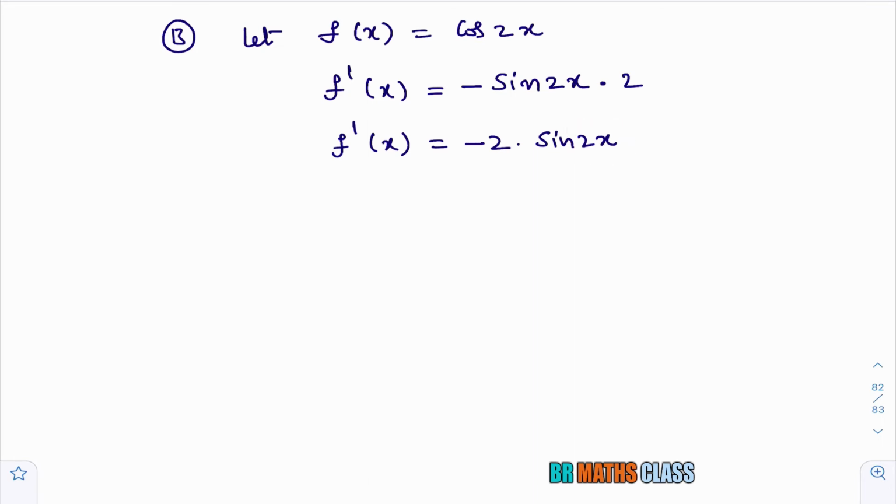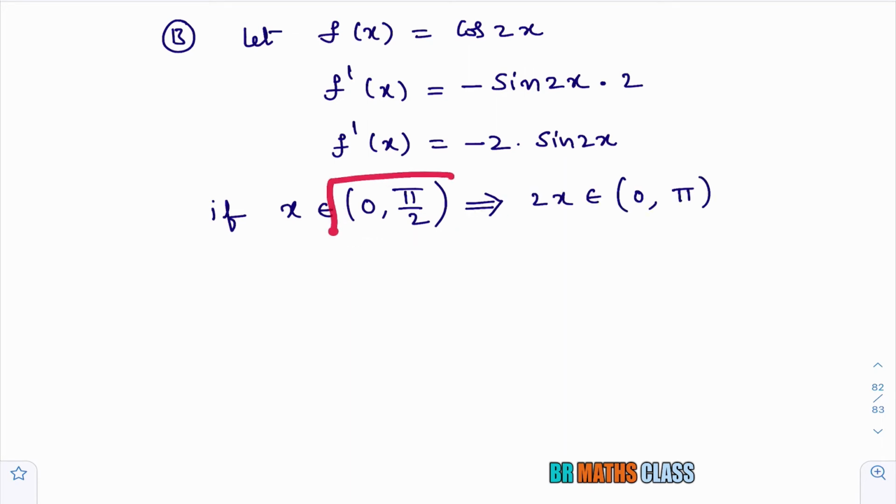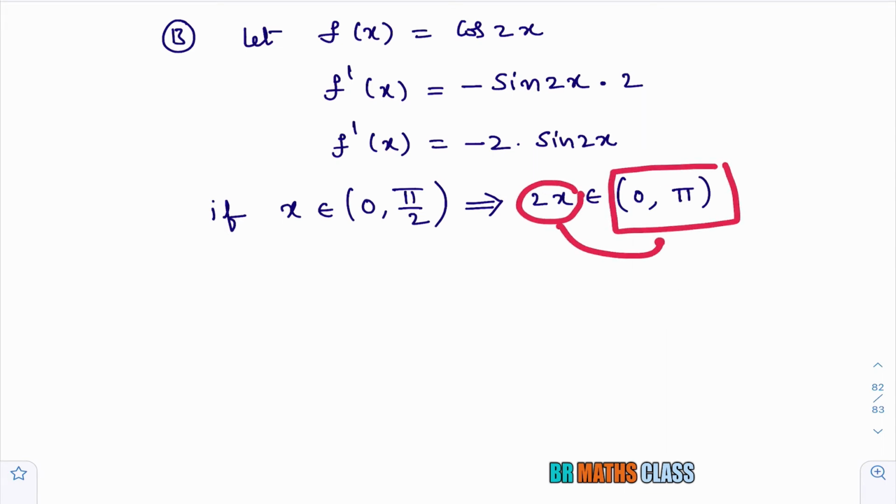So if x belongs to open interval 0 comma pi by 2, because they are asking to check the strictly decreasing function in this interval, multiply this interval with 2. 2 into 0 is 0, comma 2 into pi by 2, that is pi. So 2x belongs to open interval 0 comma pi. Open interval 0 comma pi means this 2x lies in the first quadrant as well as in the second quadrant.